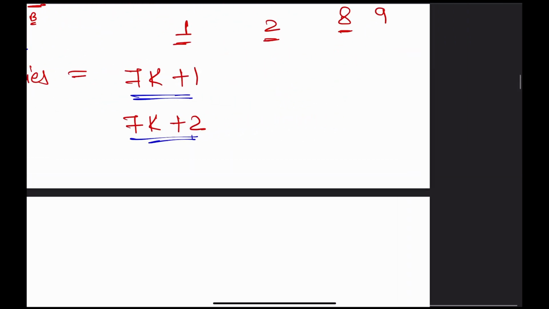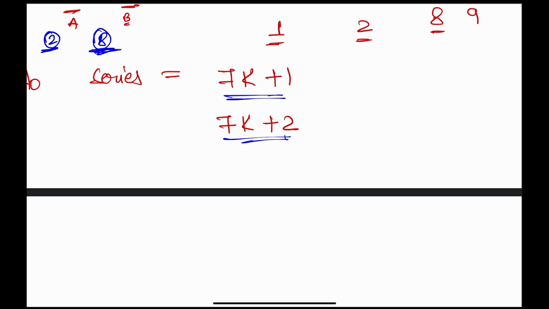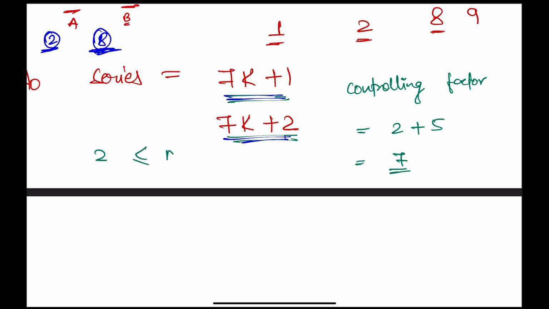And as we have already calculated and understood, there is a controlling factor, which is nothing but the sum of minimum and maximum. The minimum here was 2, the maximum here is 5. So in this series it is going to work with 7k, but one difference is there. When the limitation is between 2 and 5, we have to come up to 7k plus 1, 7k plus 2.